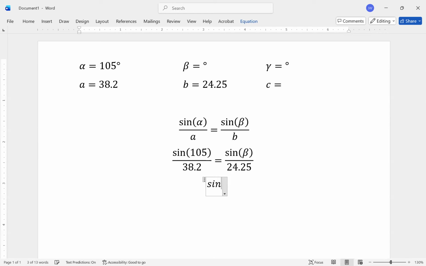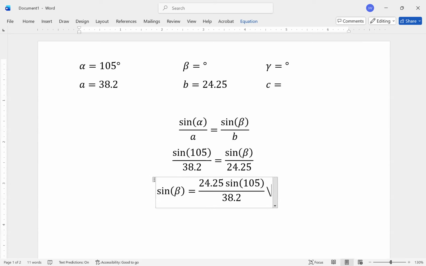If you do that, we get that the sine of beta has to be equal to 24.25 times the sine of 105 divided by 38.2.